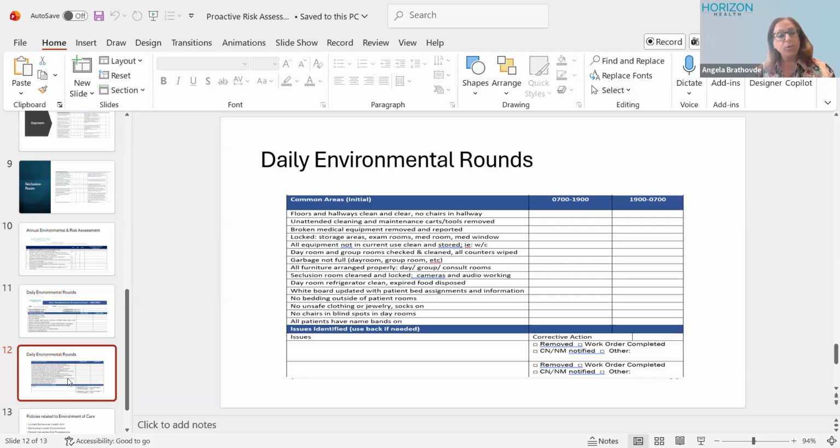The other thing I want to point out too, as MHTs and BHTs are doing their environmental rounds, is vinyl baseboards. Some units have the flooring that goes all the way up that looks like a baseboard. Some have separate vinyl baseboards. That's important to pay attention to because if there are breaches in that vinyl baseboard, that patient can work that thing and take it off the wall and use it as a weapon.